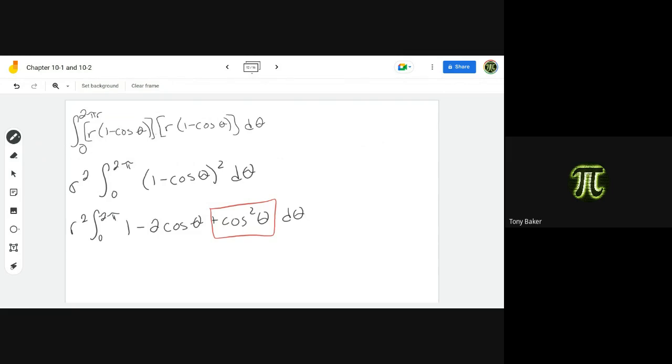One half times 1 plus cosine 2x. Yep. So that becomes 1/2 plus 1/2 cosine 2 theta.